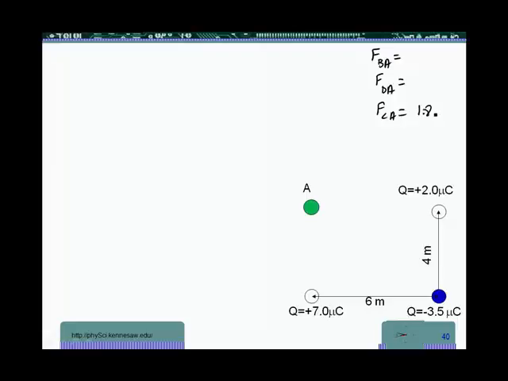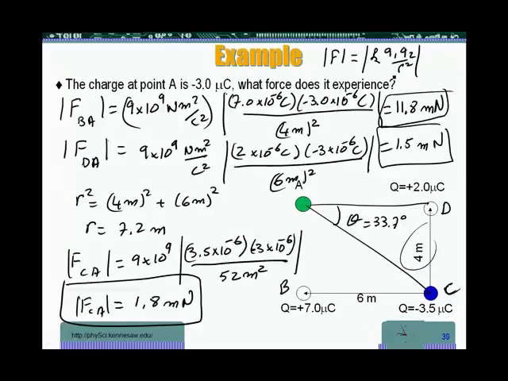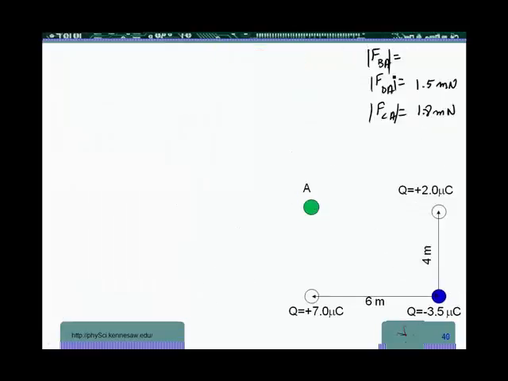This is 1.8 millinewtons, 1.5 millinewtons, and the other one is 11.8 millinewtons. And then the angle, we found that this angle to be 33.7 degrees.